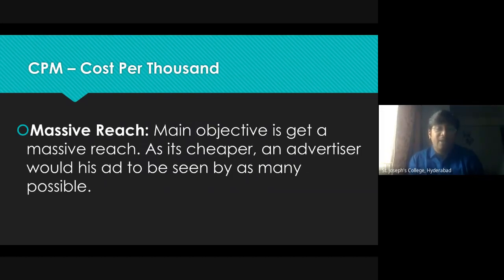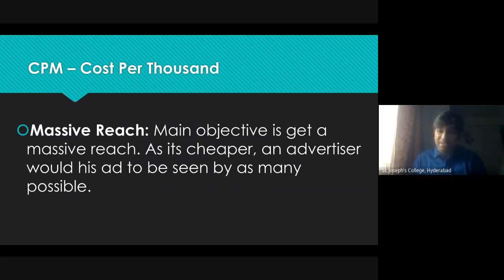This can be taken as something like mass marketing in traditional advertising. As you all know, in mass marketing, irrespective of the target market, irrespective of the segments that we are looking for, mass marketing is targeting each and every member of the society or the country or the particular city.